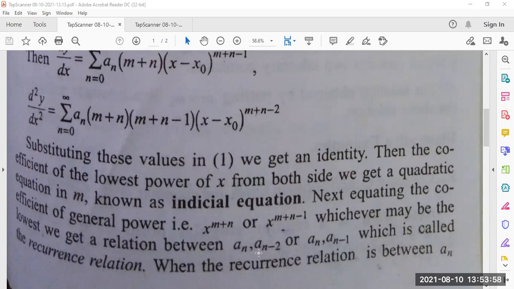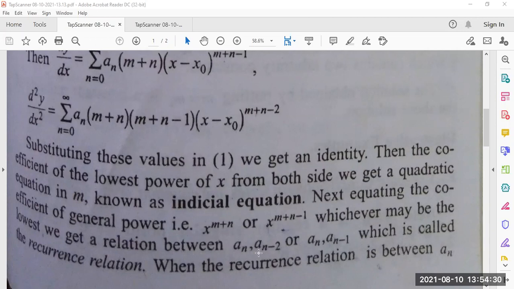If it is a regular singular point, then according to Frobenius, we take y equal to summation n equal to 0 to infinity of a_n (x minus x0) to the power m plus n, where obviously a0 is not equal to 0. After getting this, we have to find dy/dx and d2y/dx2. Then we put the values of y, dy/dx and d2y/dx2 into the original equation, that is p0(x) d2y/dx2 plus p1(x) dy/dx plus p2(x) y equal to 0.